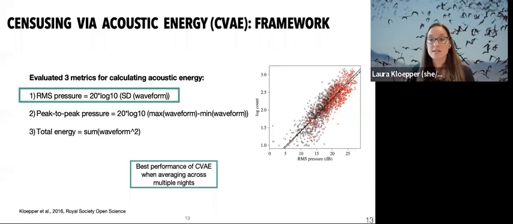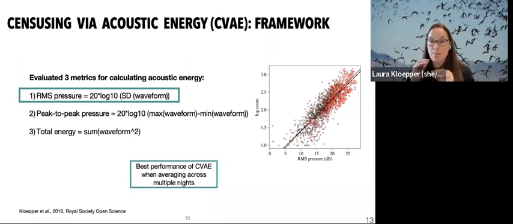And we found that there was a significant relationship between the number of bats leaving in a time window and all of these 3 parameters for calculating acoustic energy, but we had the best fit with the RMS pressure. So you can see the data for the two different caves. Each color represents a different cave location on the graph here. If you pay attention, the y-axis is not on a log axis, but the data have been transformed to the log count.